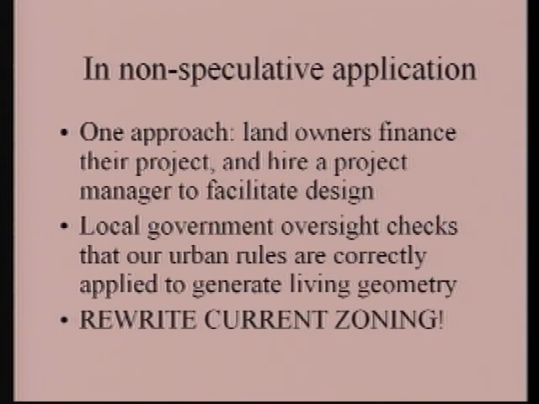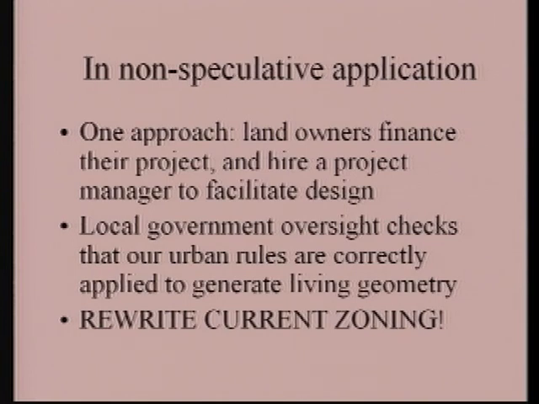Now, let's look at some possible applications of this. First, we will look at the group of developments that is non-speculative. One approach is that landowners will finance their project. Either a single landowner has a lot and finances their own project, or a group of landowners want to build a section of city and they finance their own project. They will hire a project manager to facilitate the design, and the project manager has to be trained in the techniques we propose in order to guarantee the humanity of the project.